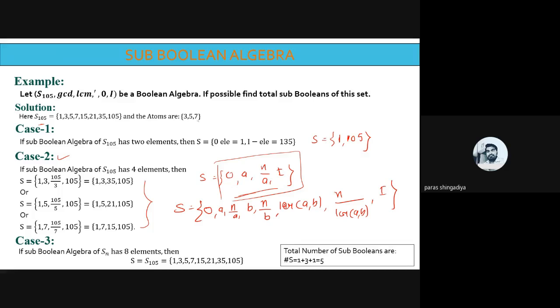Okay, this is the formula. So consider any two atoms as a and b. You have three choices, 3, 5, and 7: either 3 and 5, 5 and 7, or 3 and 7.